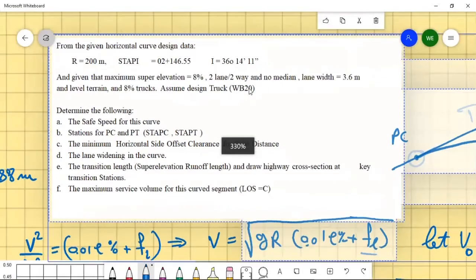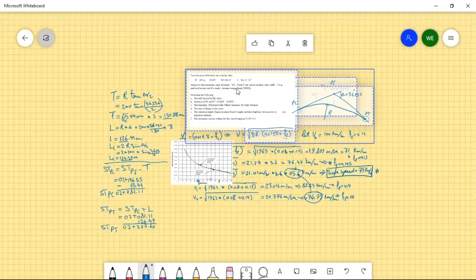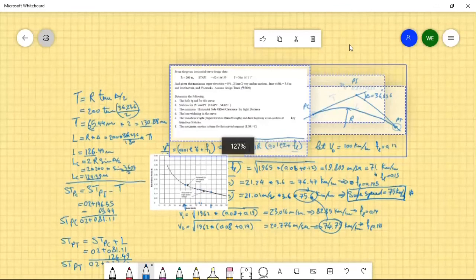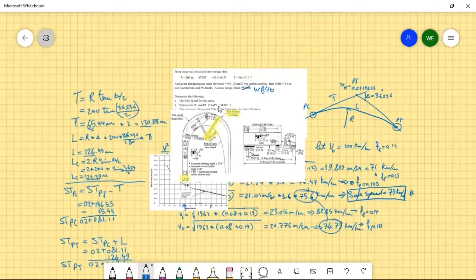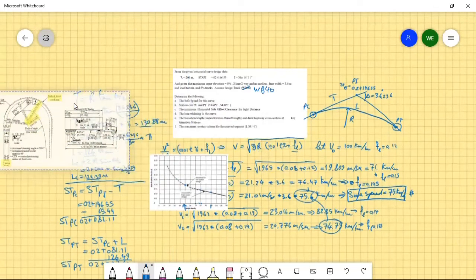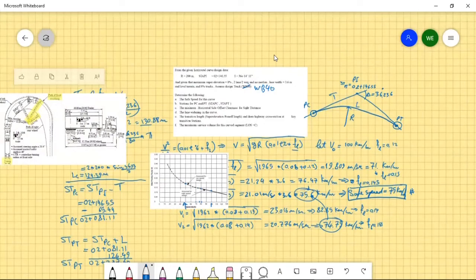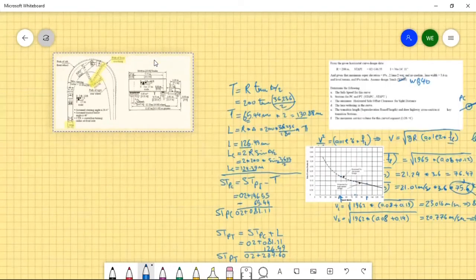We're just going to work with the WB40 for the time being. So let me just modify this WB40. So these are the specs that we have for the WB40.